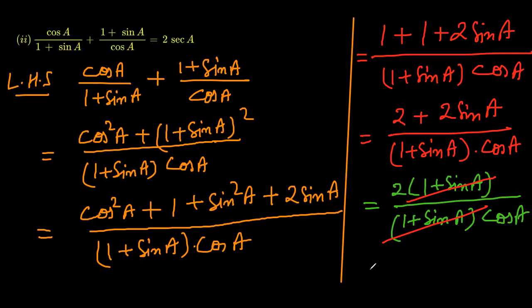We got 2 by cos A. This is equal to 2 divided by cos A, and 1 by cos A is sec A. So 2 into 1 by cos A means 2 sec A. So we arrive at the right hand side.